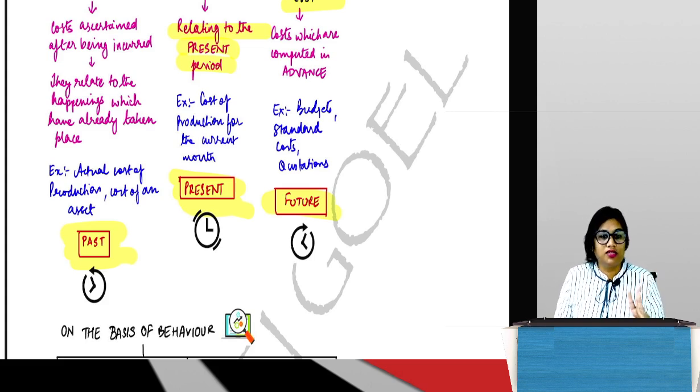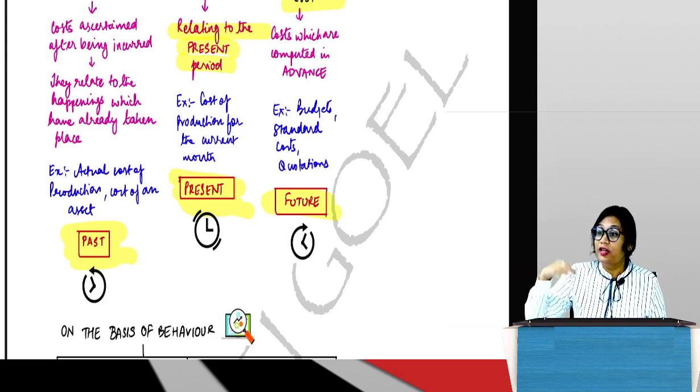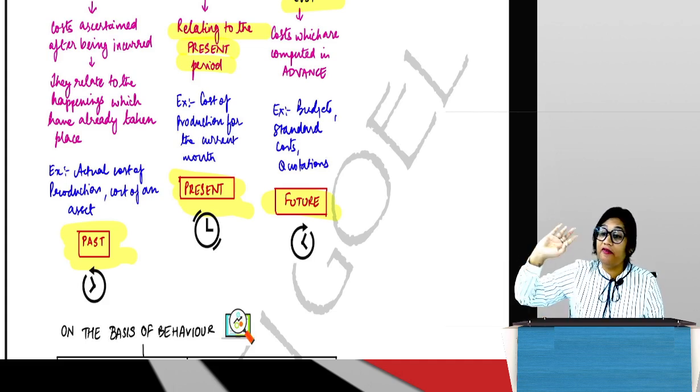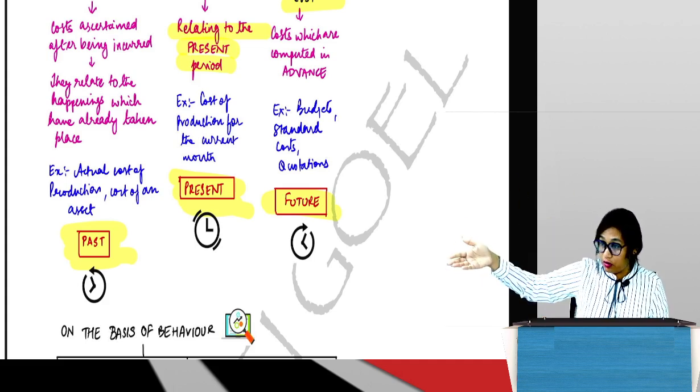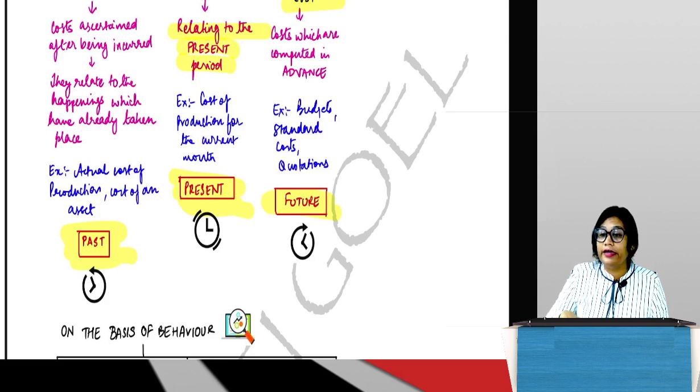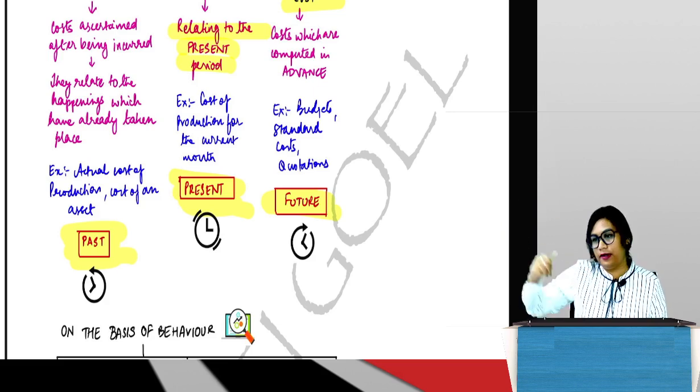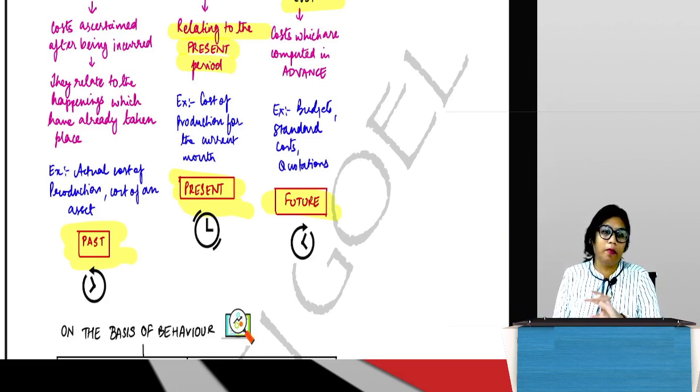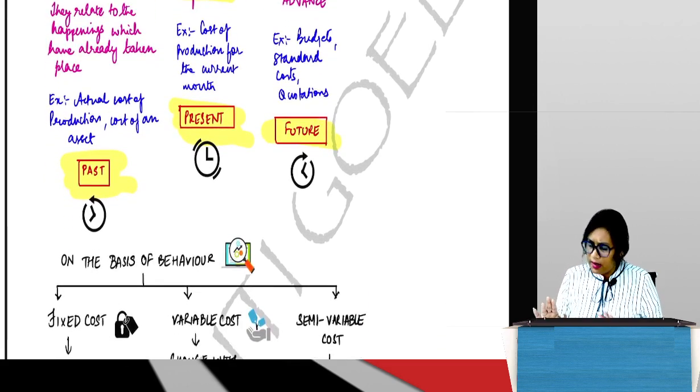What is the third one? Predetermined cost. The event has not yet happened. The event is going to happen in the future, but I have determined the cost right now for that future event. That is why predetermined cost. Predetermined cost will also be known as estimated cost. Is that okay? Everybody, very simple. Can we move on? Next one.